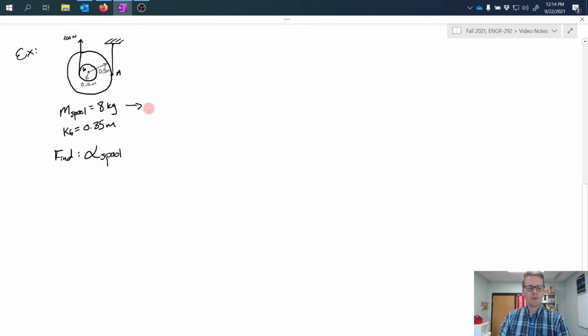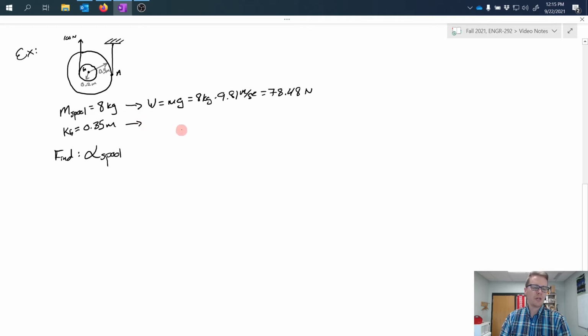For that, I would first take my mass and convert it into a weight via gravity. Making that multiplication, I get 78.48, so about 78.5 newtons.